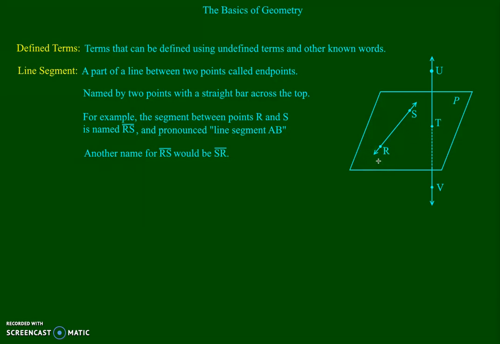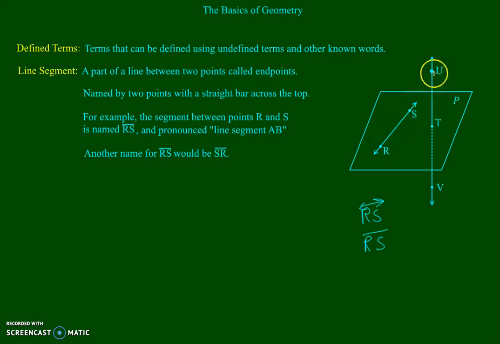So for a line, we had line RS, and these arrowheads indicate that it went on forever this way and this way. Segment RS is indicating that it starts here and ends here. So a line segment is just a portion of a line. We could have also said segment SR here.